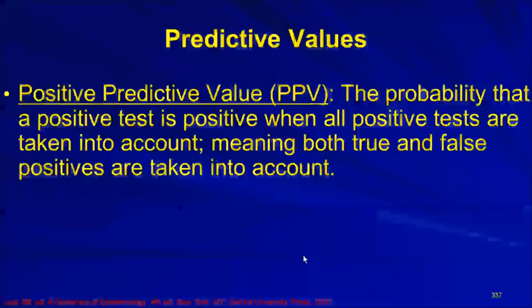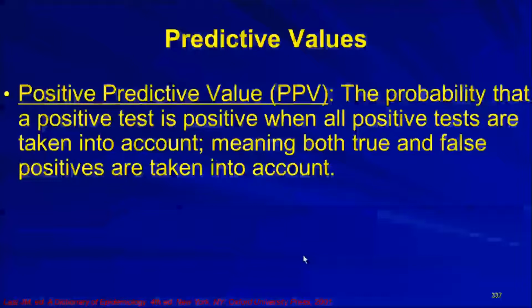That means it has true positives and false positives. When those are taken into account, we have a certain positive predictive value in terms of classification and how well the test identifies those who are positive.